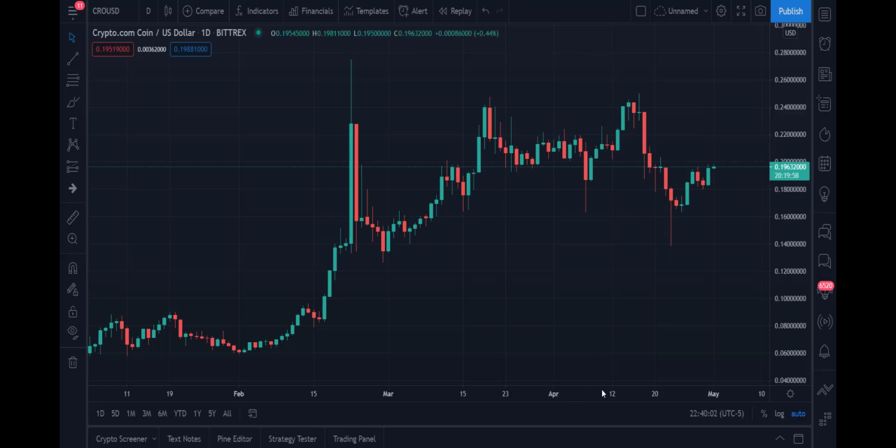Definitely worth keeping an eye on it, because if it's playing support now rather than resistance, we could end up seeing a nice retesting of the highs that we saw earlier in mid-April. So overall, it looks like this is a bullish opportunity. And I want to do one more thing.